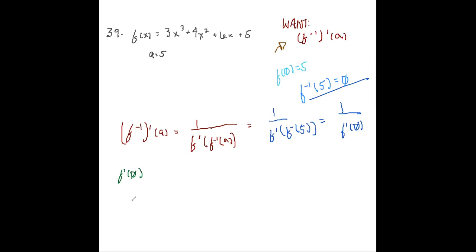Yes, I'm going to take the derivative. I'm going to say that this is f prime of x, and that is 9x squared plus 8x plus 6 plus 0 now. And then I'm going to say that f prime of 0 is going to be equal to 0 plus 0 plus 6, because I have 9 times 0, 8 times 0, plus 6.